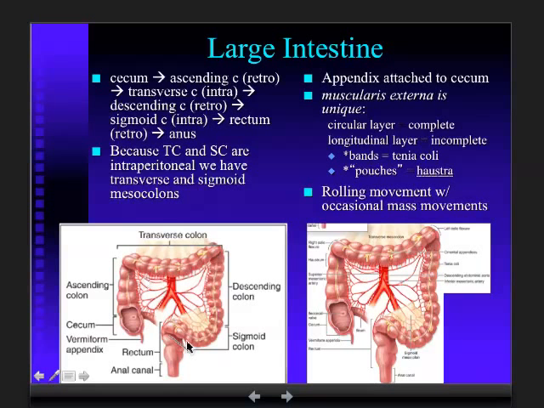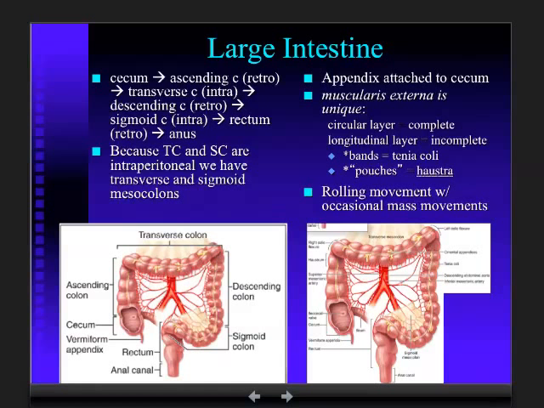The transverse and the sigmoid must be intraperitoneal because they have a mesocolon. Are we good? And the others are retroperitoneal, so they're sitting behind the parietal peritoneum, right up against that body wall. So they do not have a mesentery or mesocolon.